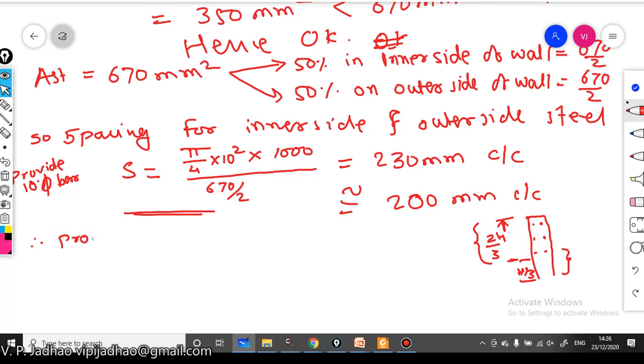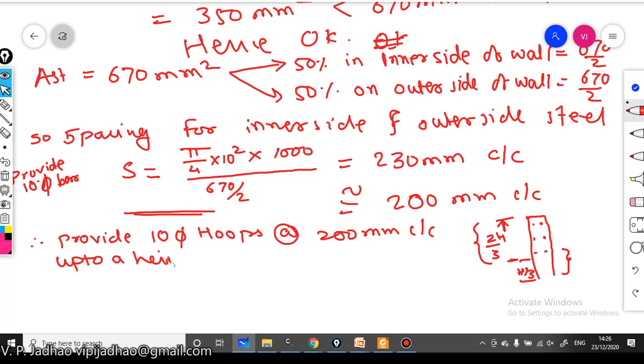Therefore provide 10 phi hoops at 200 mm center to center, up to a height of 2h by 3 from top.